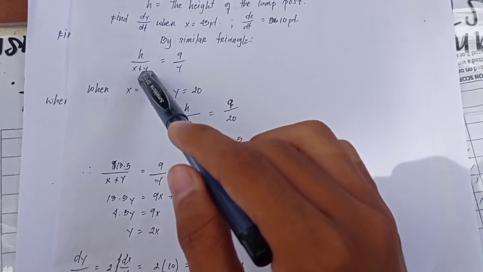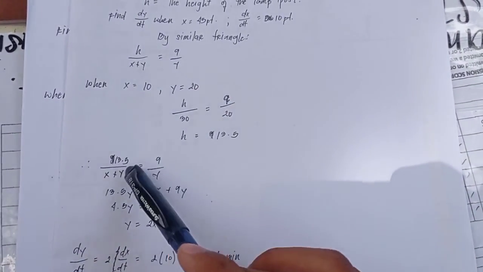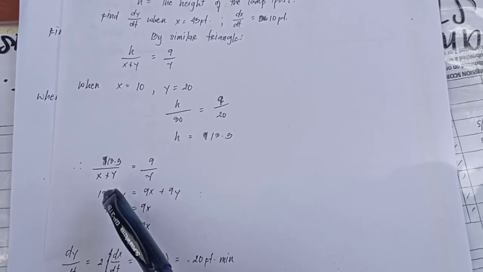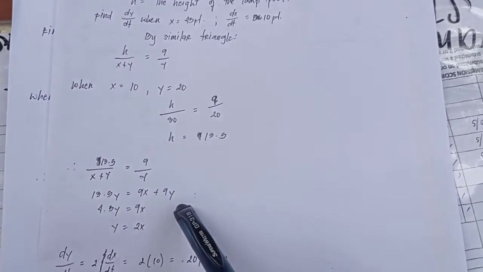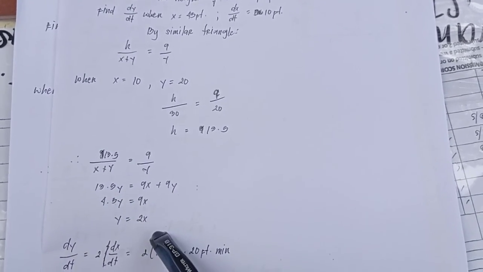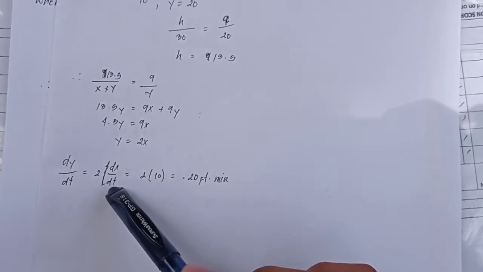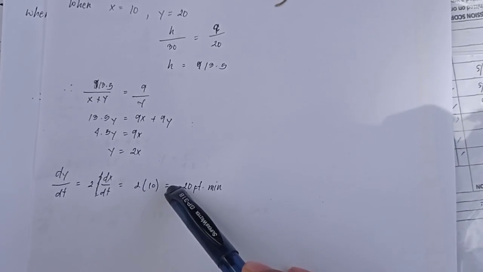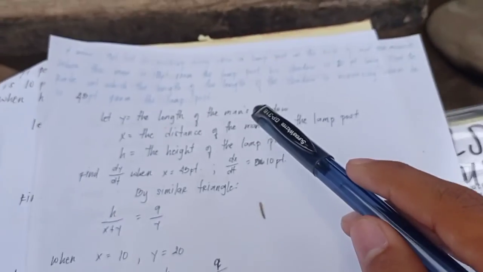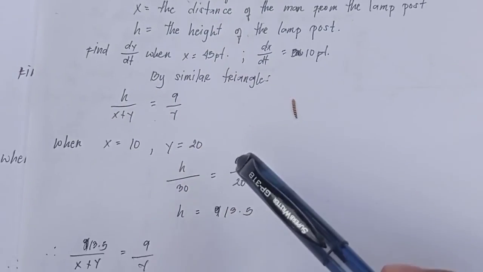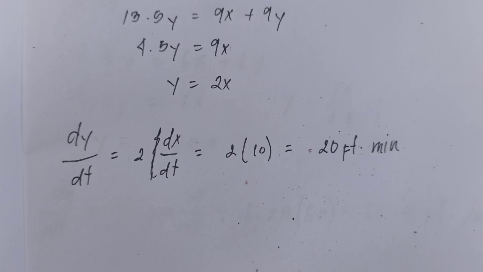We substitute it again, then we cross multiply. We perform the equation, then we get the final answer. dy over dt is equal to 2 dx over dt, which equals 2 times 10, since 10 is the value of our dx over dt. Thus, our answer is 20 feet per minute.